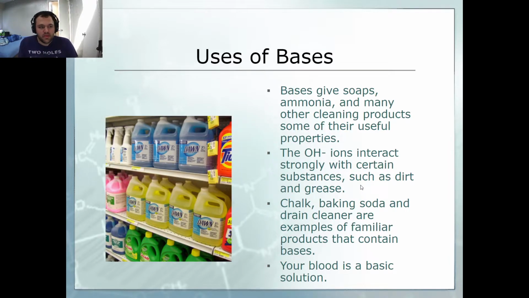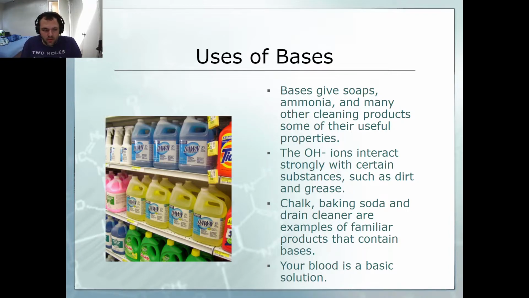Alright, some common bases and uses of bases that we see all the time. A lot of different cleaning products and soap, detergents, laundry soap, dish soap, all that. They get their useful properties because they are basic. Bases generally have OH ions in them, which is what causes them to be able to bond with the dirt and the grease and all that and remove it.